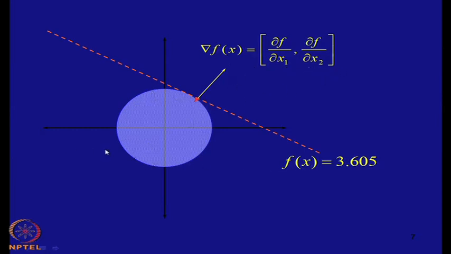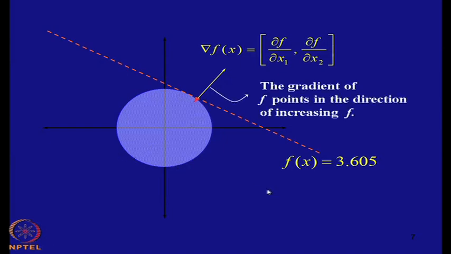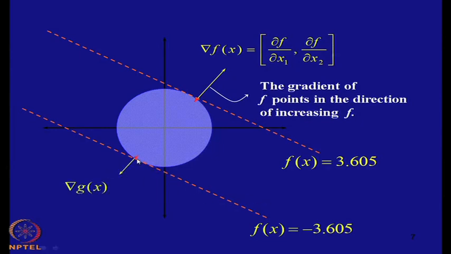Now, what about the gradient of the constraint? Similarly, we can see the gradient of the constraint as well, and this is the minimum point where the function has its minimum value. This is the gradient direction of the constraint. g(x) is our constraint, here g(x) = x1 squared plus x2 squared = 1, and at every point we can define the gradient in this direction.